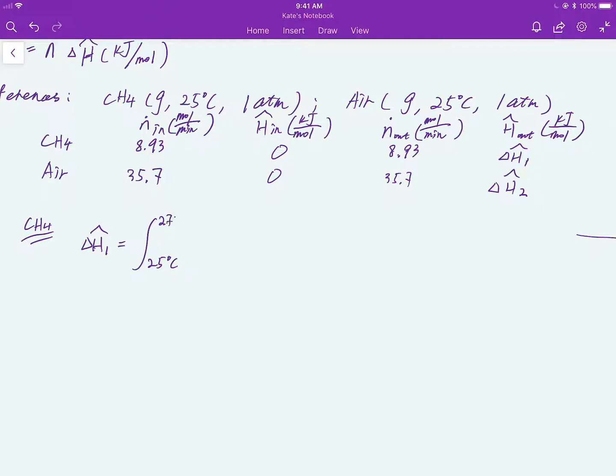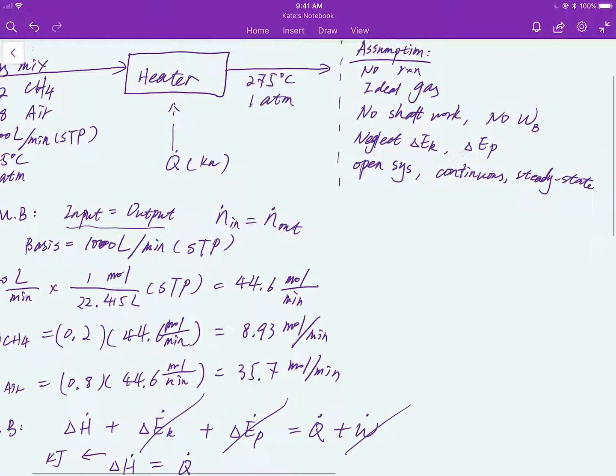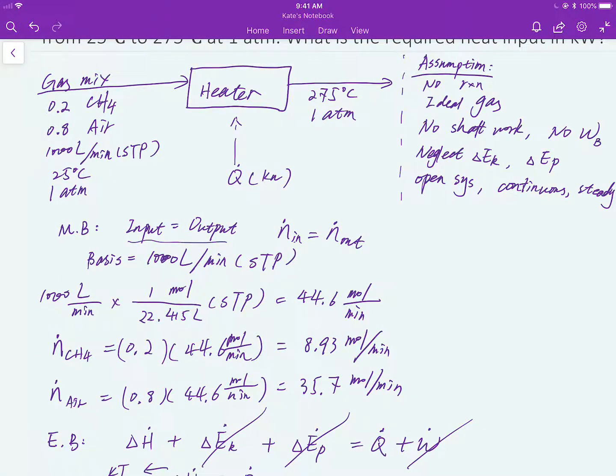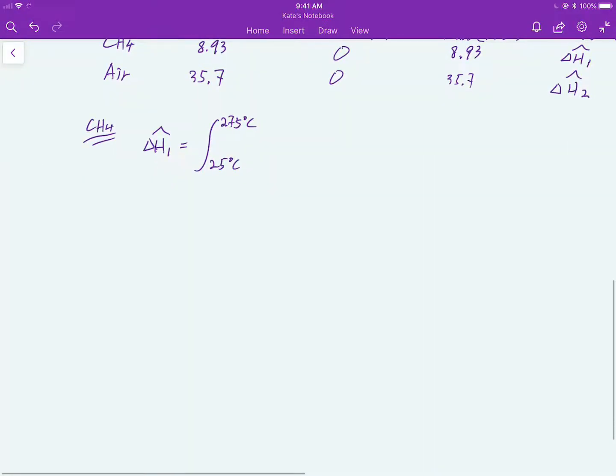Therefore, I start from that temperature, and the outlet stream has 275 degrees Celsius. That is the final temperature. And in this case, we have constant pressure, so we have to use heat capacity at constant pressure, C sub P, and this is for methane. We have to look up table B2.